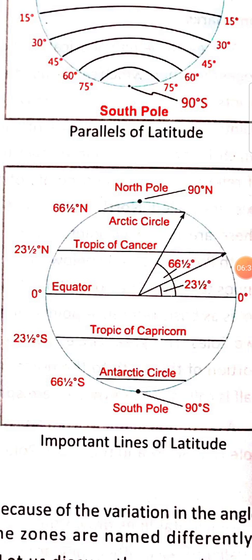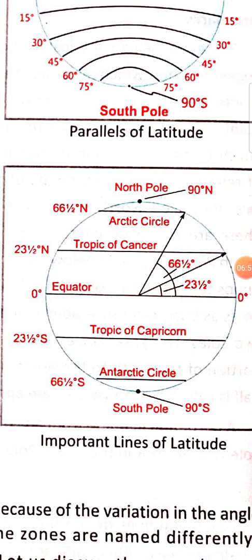The Arctic Circle, 66.5 degrees north. This important line of latitude is above the Tropic of Cancer in the northern hemisphere. The Antarctic Circle, 66.5 degrees south. It is below the Tropic of Capricorn in the southern hemisphere.